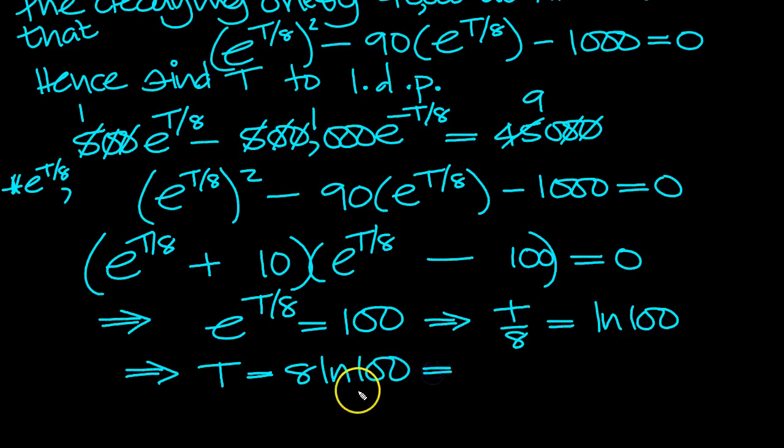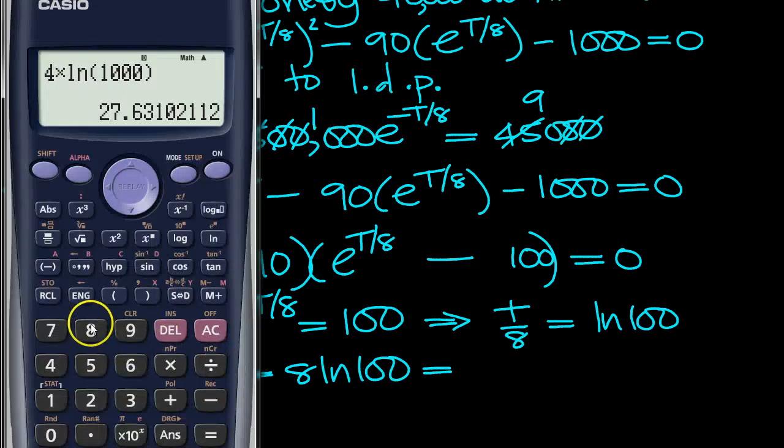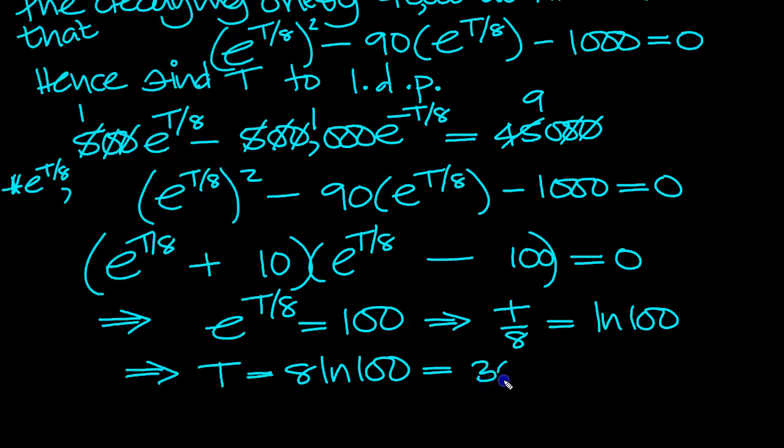That looks fine. So we need this to 1 dp, don't we? So let's just get the calculator. 8 times natural logarithm of 100 is 36.8. And that's minutes, and that was to nearest 0.1.